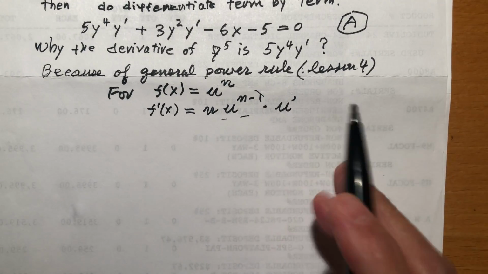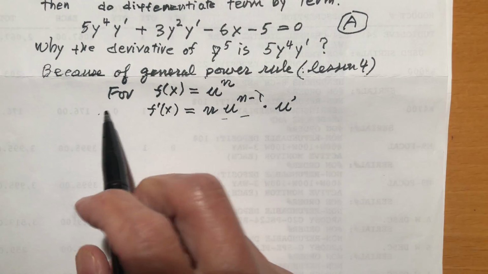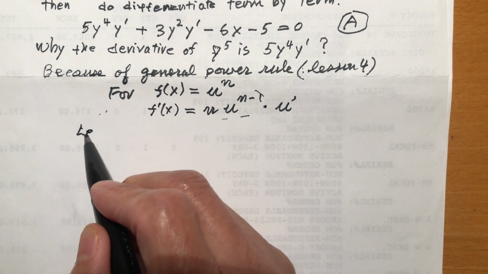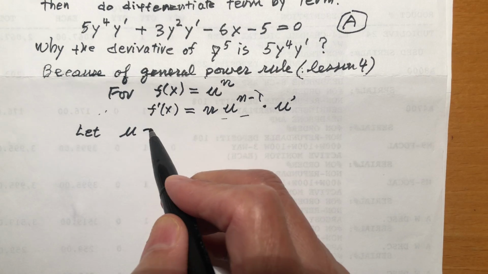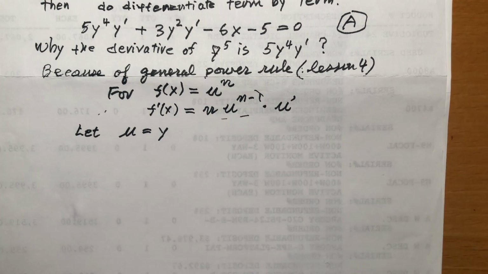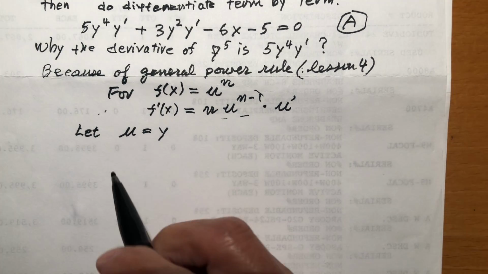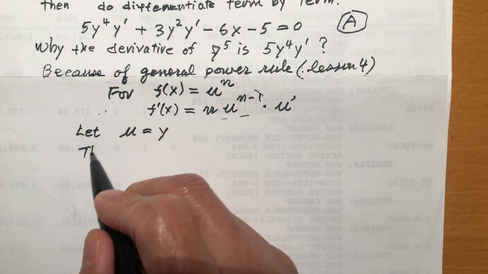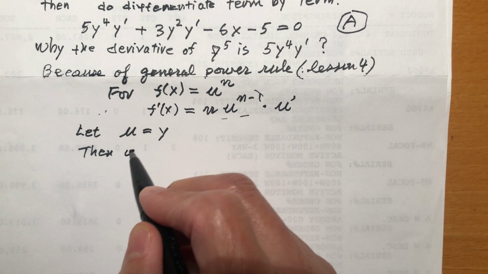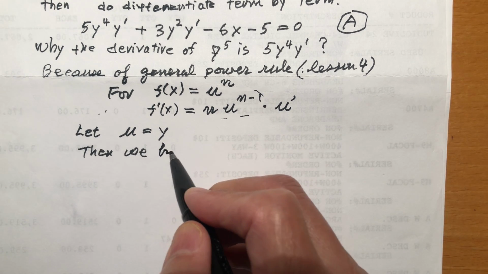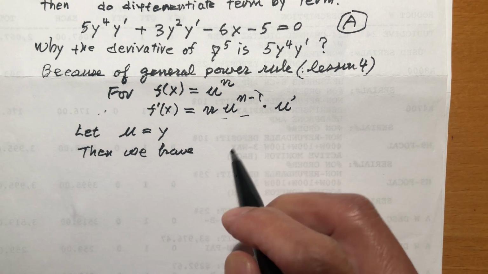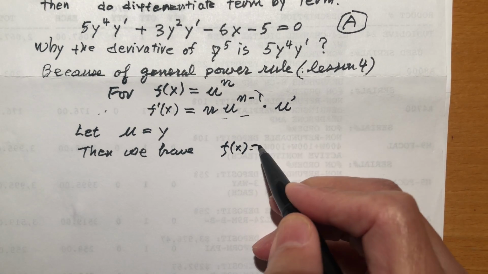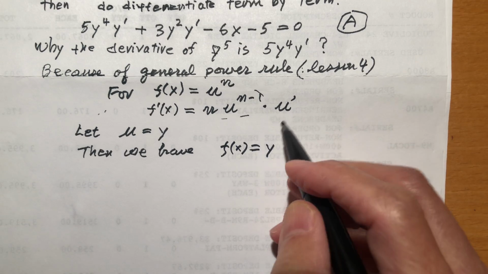Now let's see, if we let u equal to y, then what do we have now? Then we have f of x is y to the power n.